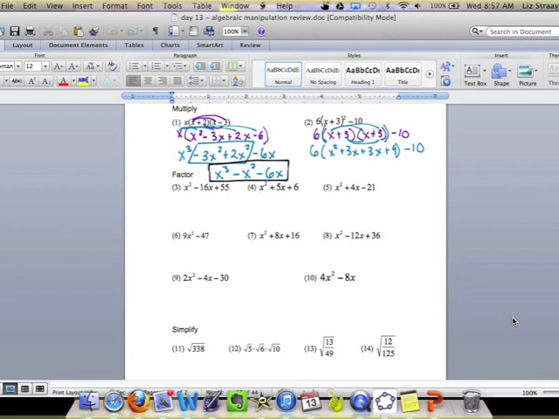Then I can distribute out the 6 to every part of that group, but not to the 10, because the 10 is not a part of the group. 6x squared plus 18x plus 18x plus 54, and that minus 10 just tags along.